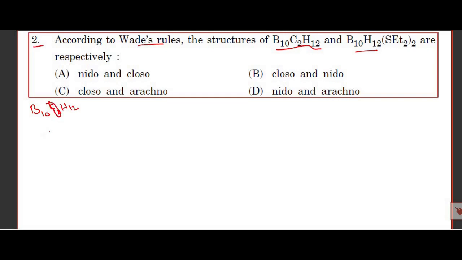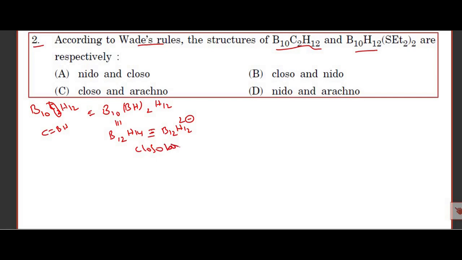Here this C can be written as BH, which gives B12H14, or this can also be written as B12H12 2-. It's a closo.